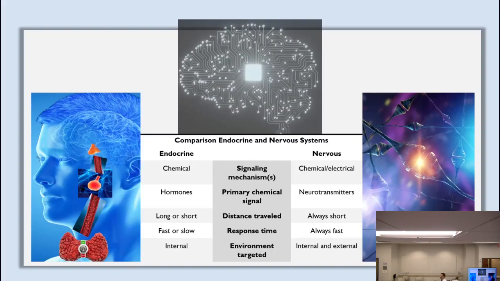But hormones act faster or more slowly. In the case of neural signals, it's always fast. And environment targeted, you could say that enters into even the philosophical field, no? Endocrine only works with the inside. Is that true? Endocrine only regulates the inside of the body, and the nervous system interacts with the outside.